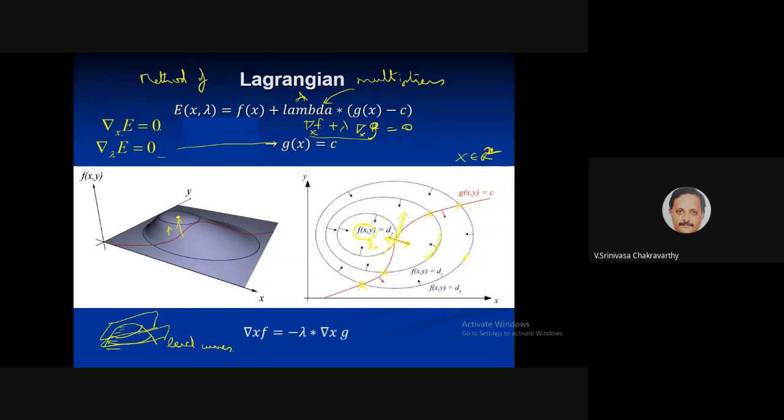So the golden mean, the sweet spot, is a level curve which barely touches the g of x comma y equal to c curve. The level curve and the constraint curve g of x y equal to c should reach a point where they just barely touch, or they should have a common tangent.